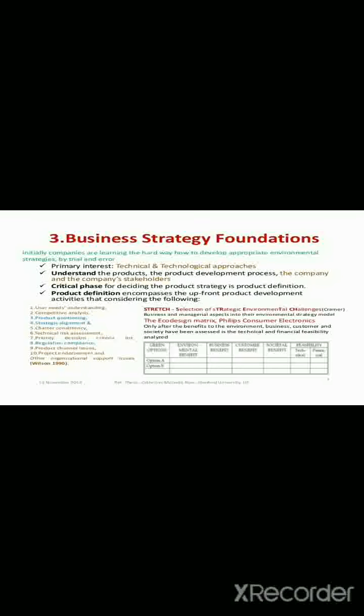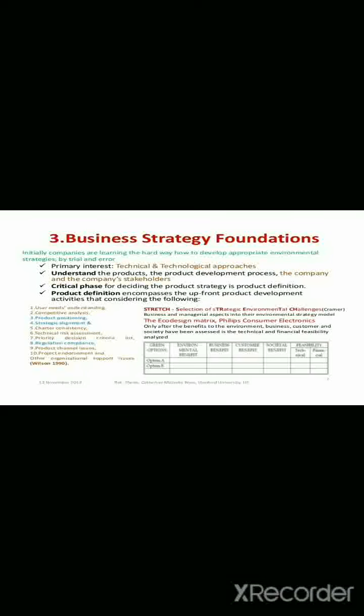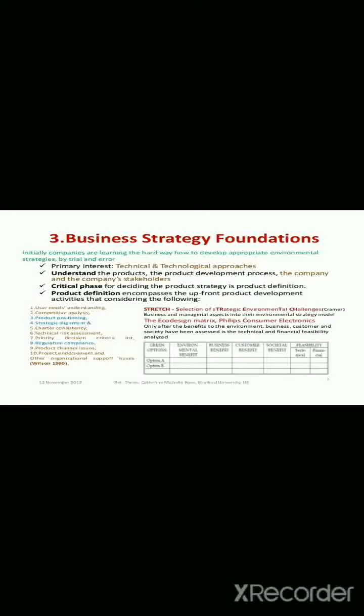Second, understand the products, the product development process, the company and the company stakeholders. Next, the critical phase for deciding the product strategy is product definition. Product definition encompasses the upfront product development activities, considering the following. This is the business strategy foundation.